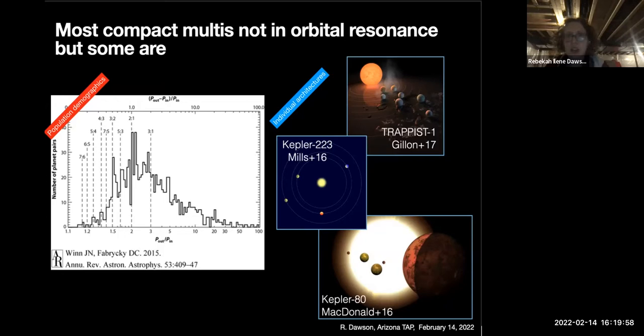So there's not the majority of these systems with integer period ratios. But there are some special systems that do have orbital resonances and even have a chain of planets in integer period ratios, like the TRAPPIST system or the Kepler-223 system. So now we have to try to make sense of this.